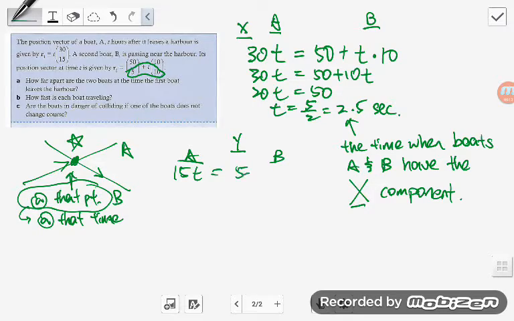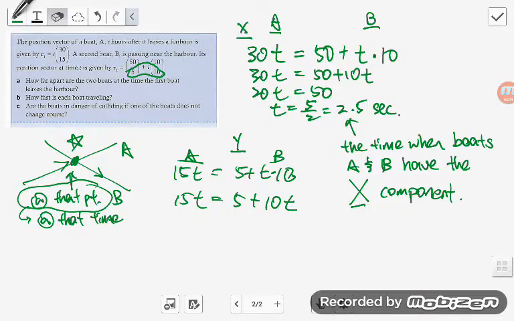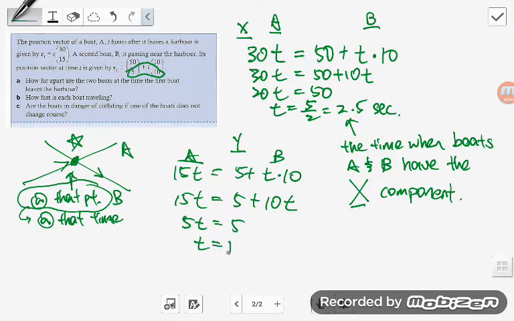T times 10. So 15t is equal to 5 plus 10t. Sorry about bad handwriting, let me redo that again. I'm going to move the 10t over to the other side. I'll have 5t is equal to 5, and t is equal to 1.